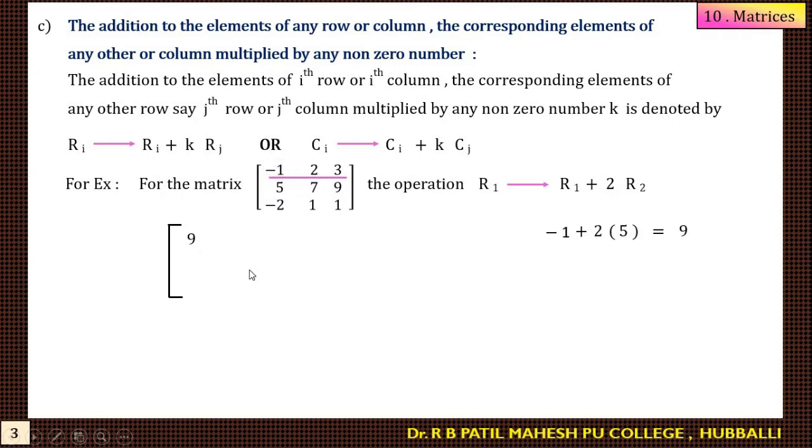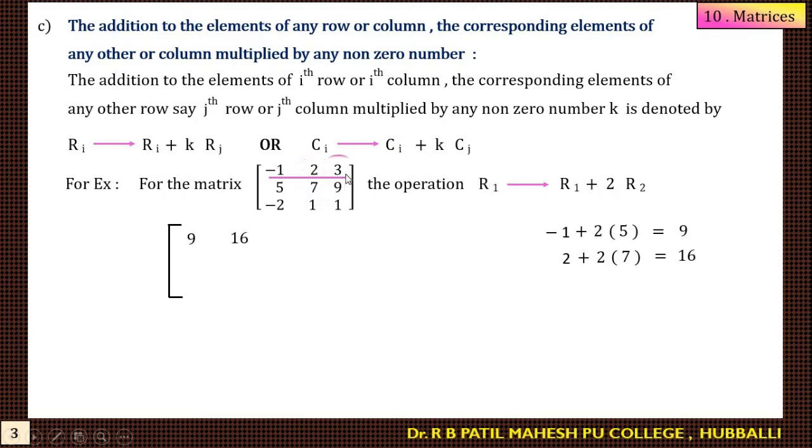Similarly all elements are operated. Now the first row second element is 2, plus 2 times the same-position R2 element, which is 7. Simplifying this, you get 16, and you write 16 in the second position.